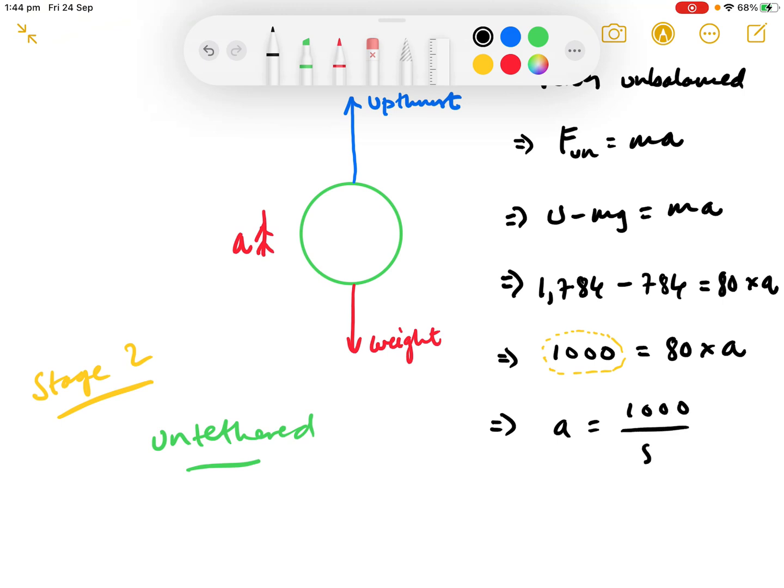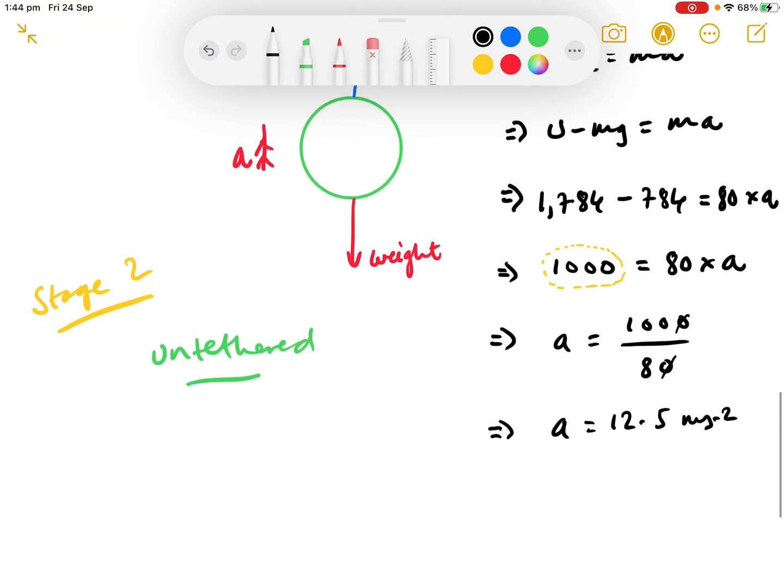So the acceleration is 1,000 over 80, so that's like 100 divided by 8, giving an acceleration of 12.5 meters per second squared upwards.